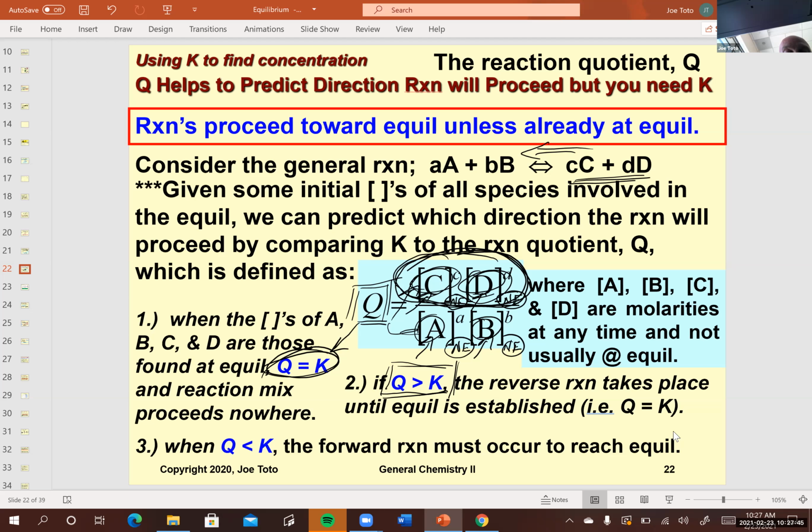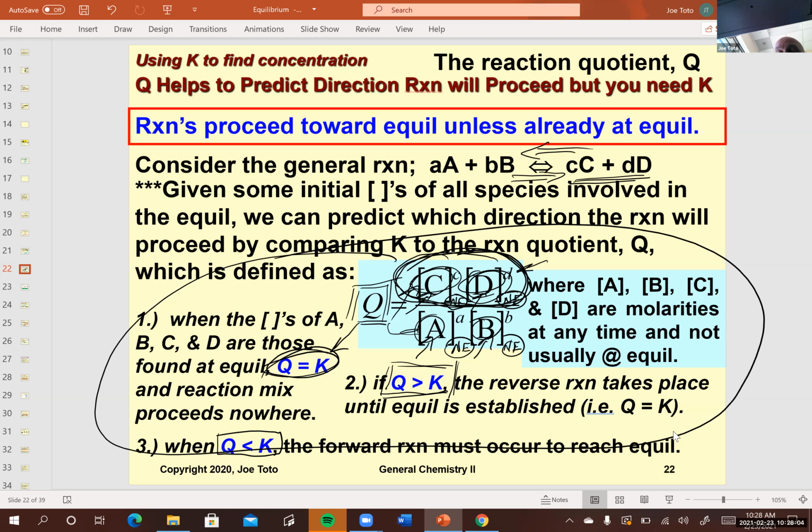And conversely, when Q is less than K, then the numerator is too small. The reaction should go to the right to reach equilibrium. And so now, if I can use this analogy with Q, I can assign the mathematical signs in that change row in the ICE table.